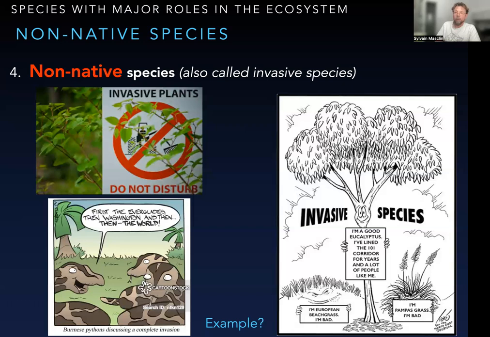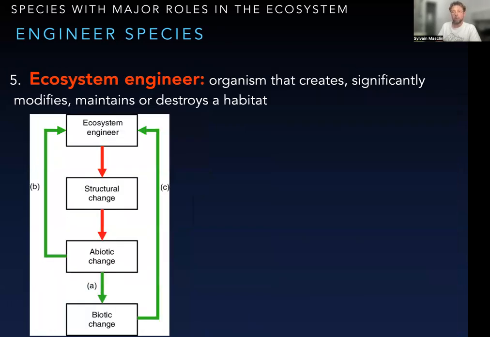The final one to speak about of the types of different species to be careful with is engineer species. Engineer species would be those organisms that tend to modify the environment, but modify it in a good way. They will mostly have an impact on the non-living part. As you can see, they're changing the non-living part, which will have an impact on the living part.